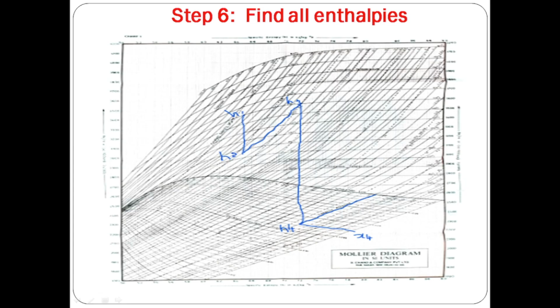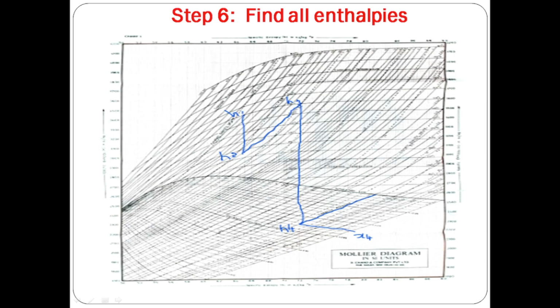From 3 to 4, again we have an isentropic expansion process in the low pressure turbine, and it joins with the condenser pressure. This is the 0.1 bar line, a straight line, since pressure is constant, both join at a single point. That is what we call H4.